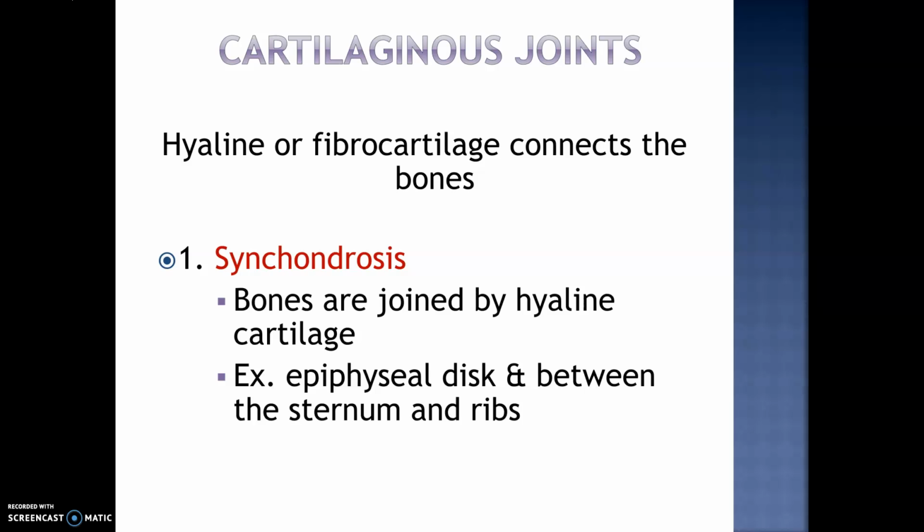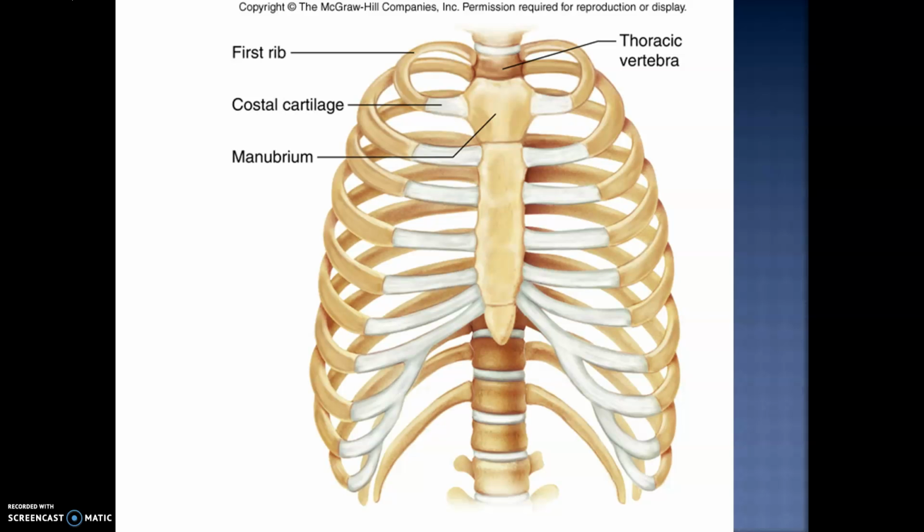We talked about that costal cartilage. So that is an example of a cartilaginous joint. And then these are synarthrotic, which means not very movable at all. So if we take a look, all of this cartilage right here, our costal cartilage that's holding our ribs to our sternum here. That's a great example of this first one for our cartilaginous joints.